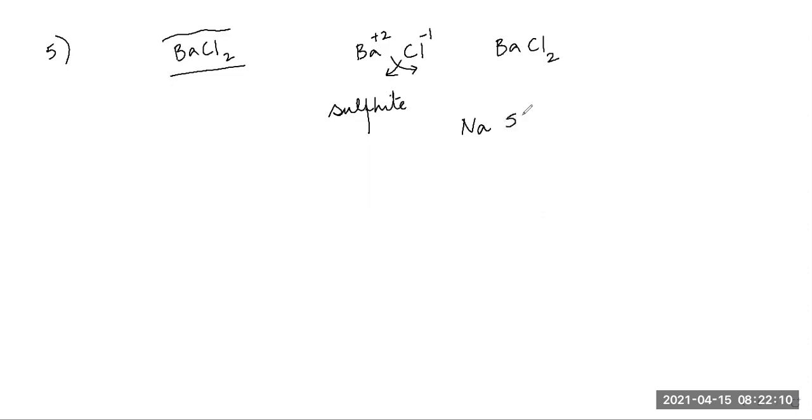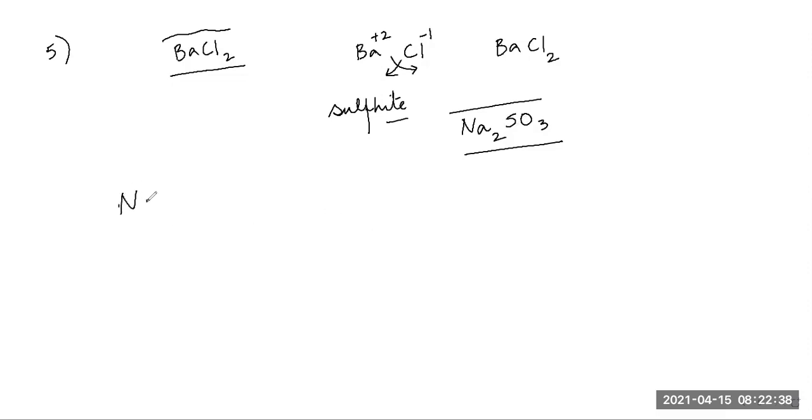Na2SO3. Sulfite is -2, so 2 will come here. Adding a drop of barium chloride solution to aqueous solution of sodium sulfite, white precipitate is obtained. Now let's write the balanced chemical equation of the reaction involved.